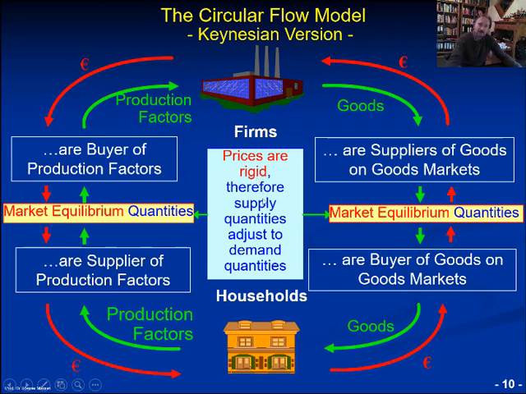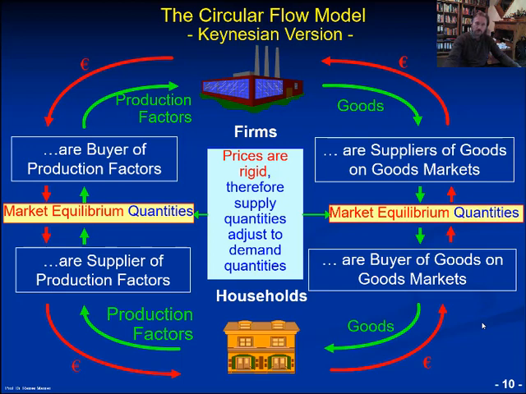This is the basic assumption John Maynard Keynes had made to describe the macroeconomy, and therefore we will discuss this assumption and this version of the circular flow model in chapter 4, where we will introduce the ideas of John Maynard Keynes and his macroeconomic theory. So we have two versions of the circular flow model, the neoclassical and the Keynesian version.